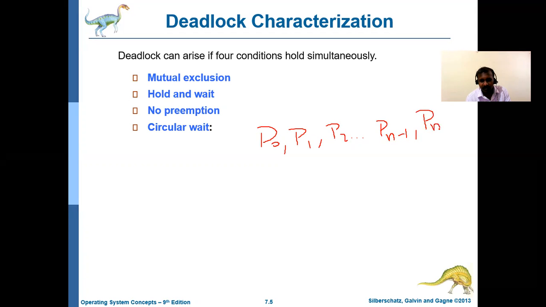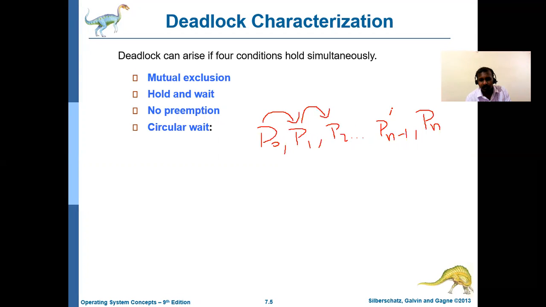That is, we have n processes in such a way that P0 is waiting for a resource that is held by P1, and P1 is waiting for a resource that is held by P2, and P2 is waiting for a resource that is held by P3, and so on and so forth.